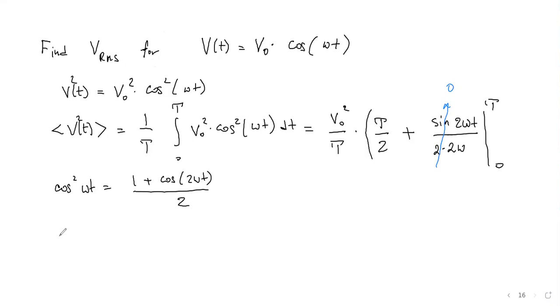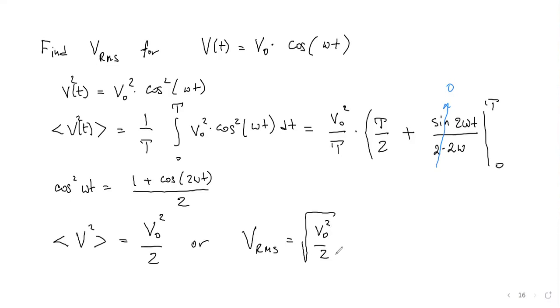So the conclusion is that the average from v square would be the peak value square over 2. Or if I take square root from this, then I can get v naught over square root of 2.